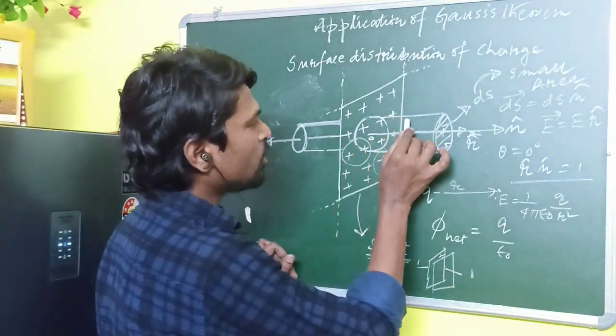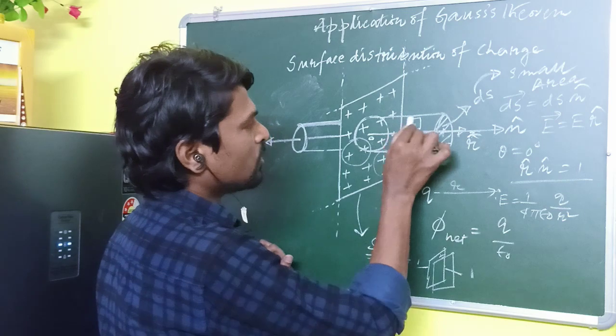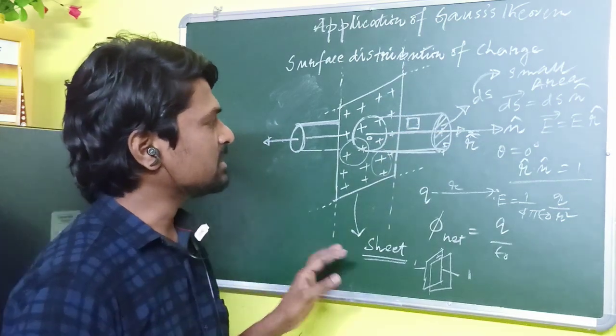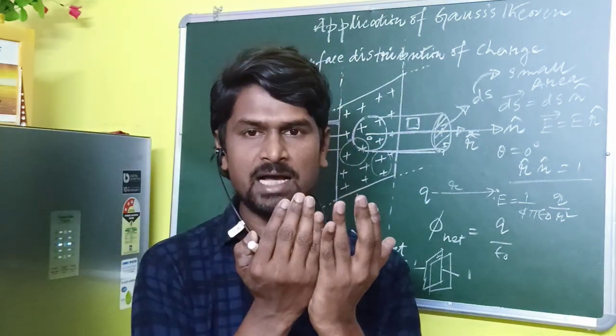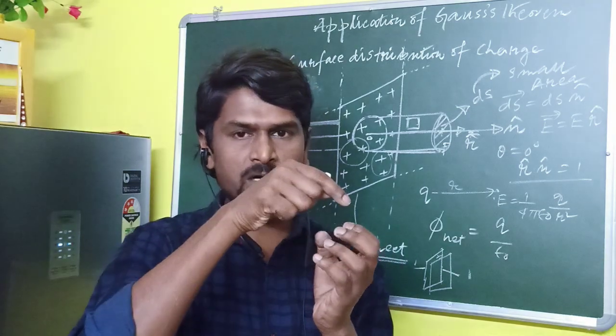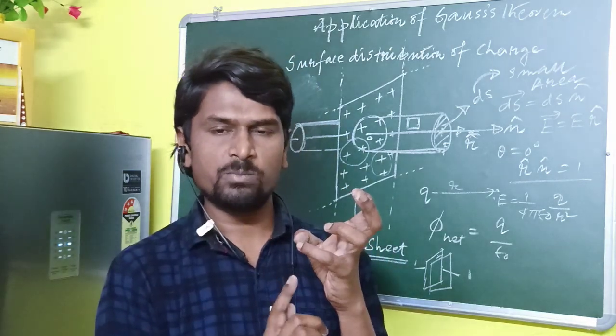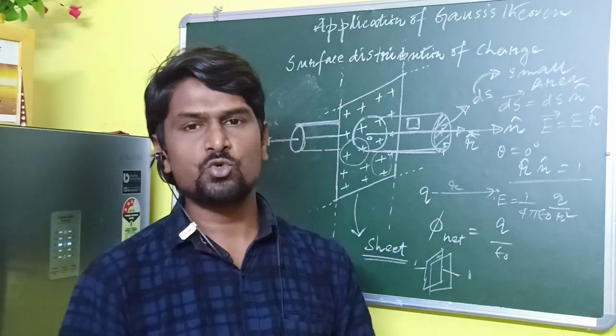But if we take a small portion of area on the curved surface, I discussed that a cylinder has three surfaces. One is circular on the upper side, the bottom is also pi r square, and the curved one is 2 pi r h.